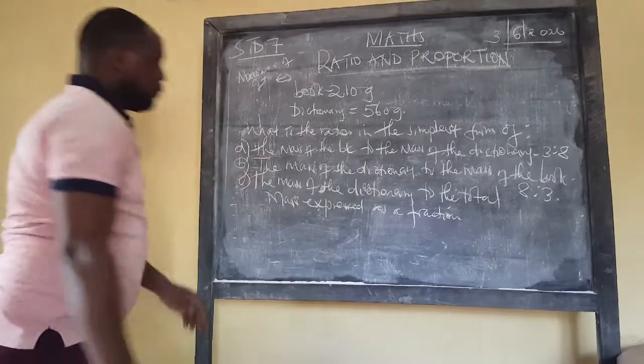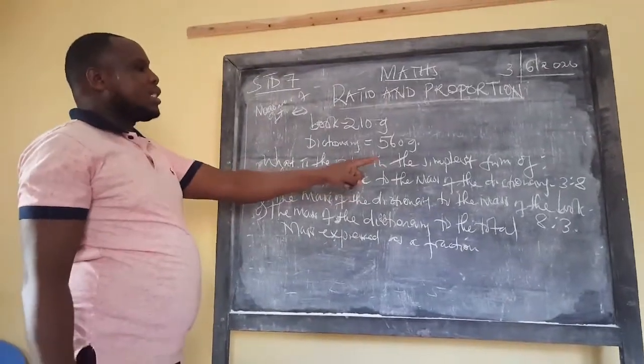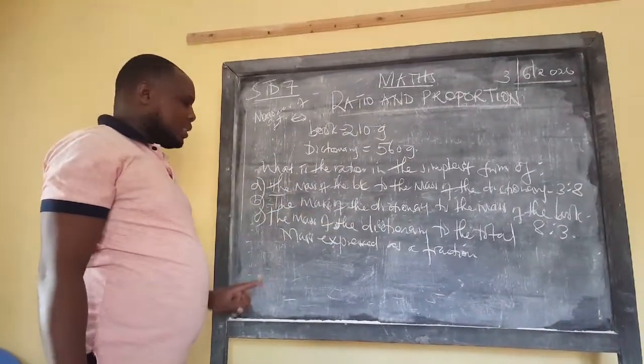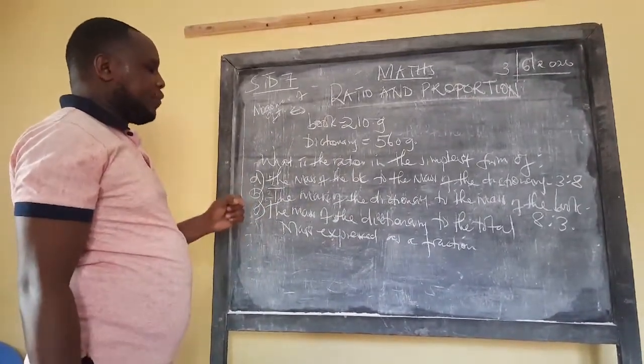So the question goes, what is the ratio in the simplest form of the mass of the dictionary to the total mass expressed as a fraction?